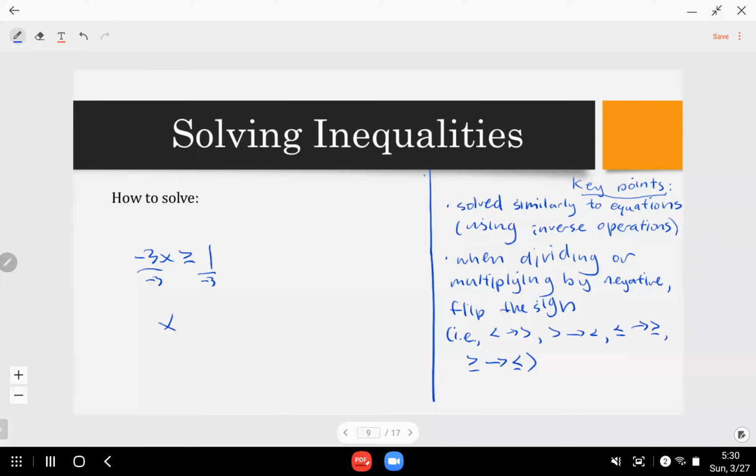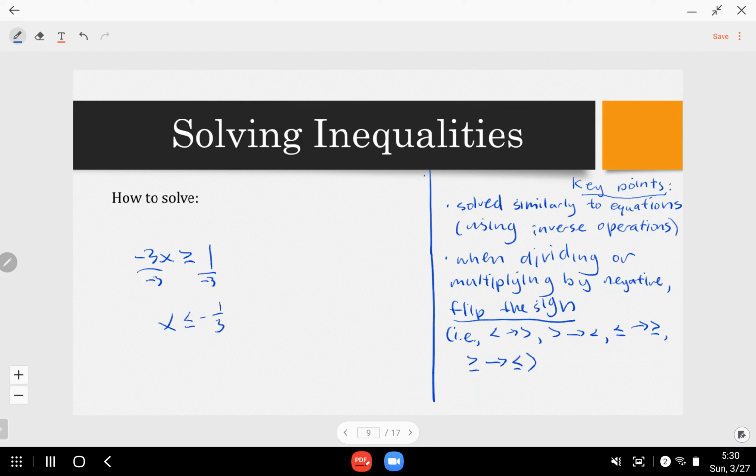And we flip, and then x is less than or equal to -1/3. Yes. Okay, remember to flip the sign. This is very important. Flip the sign when you're dividing or multiplying by a negative.